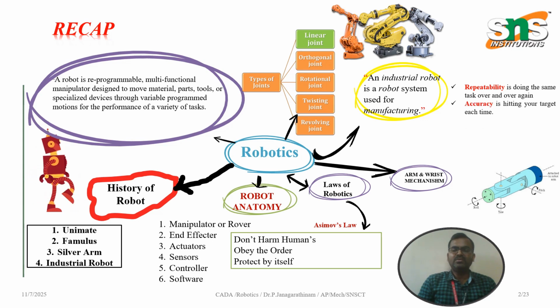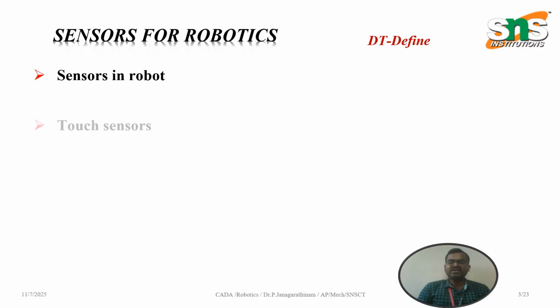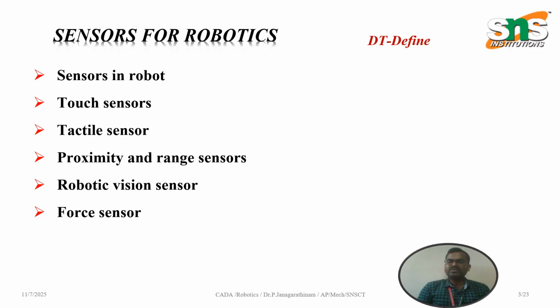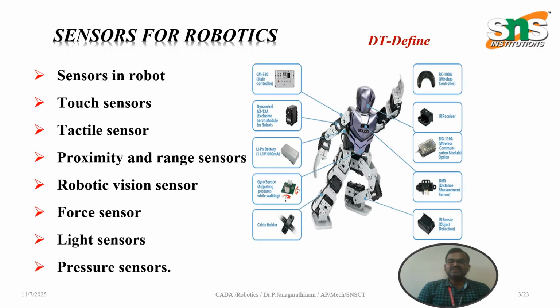Next we discuss the different types of sensors. The sensors available are touch sensors, tactile sensors, proximity and range sensors, robotic vision sensors, force sensors, light sensors, and pressure sensors. Touch sensors detect whether obstacles are present or not.